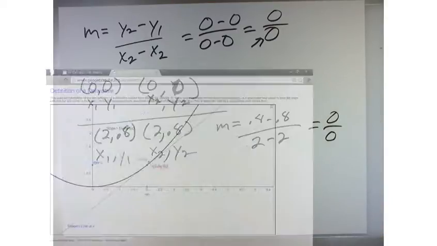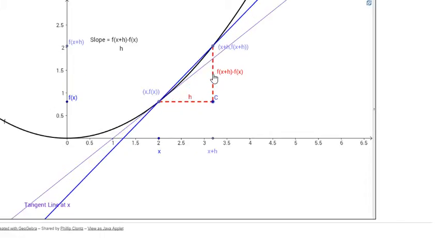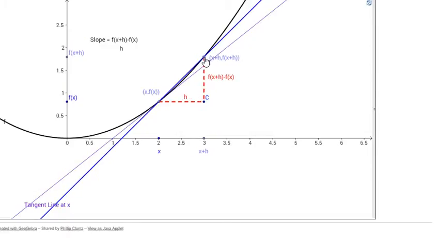And you say, well, that's not fair, Mr. Adams. It won't work. But if I move a little bit away, let's say I move over to 3. Now if I choose this, what do you notice about the blue line, the secant line, versus the tangent line?